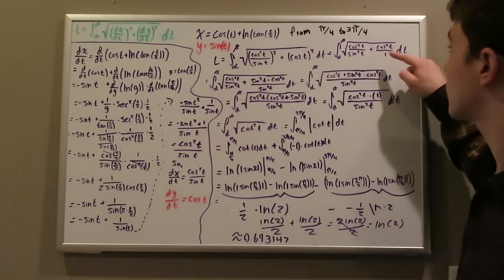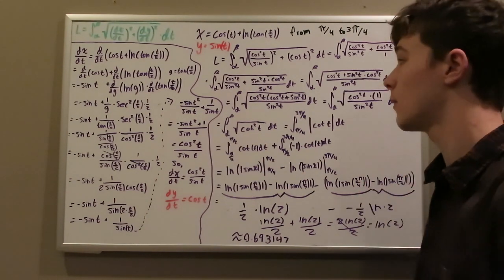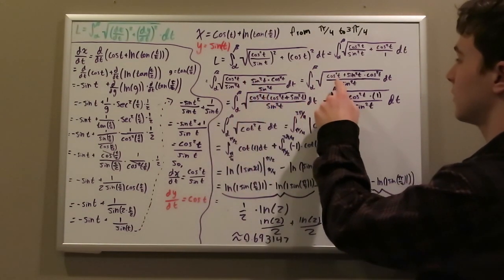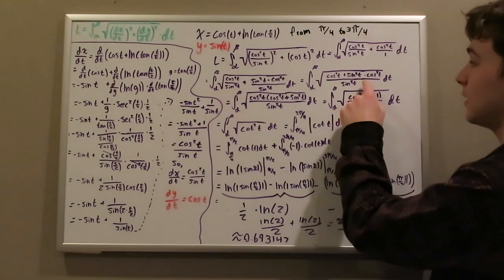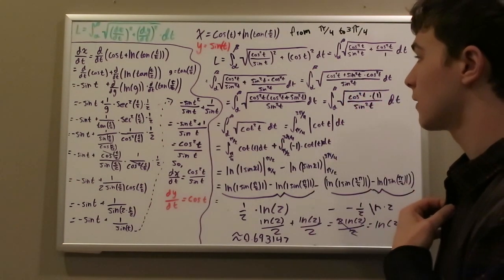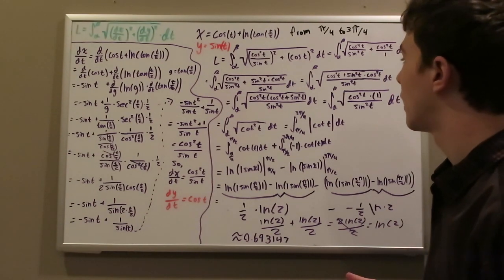So I multiply cosine squared t over 1 by sine squared t. So this would get me, ultimately, cosine 4t plus sine 2t plus cosine 2t over sine 2t. That's just basic fractions, but not too difficult.